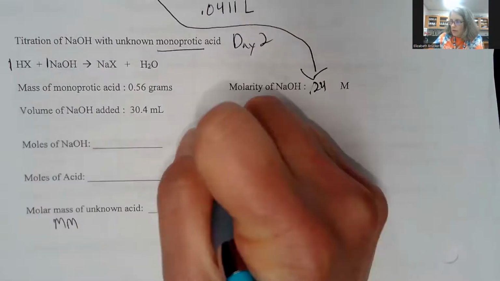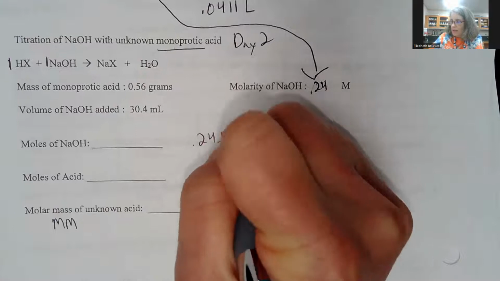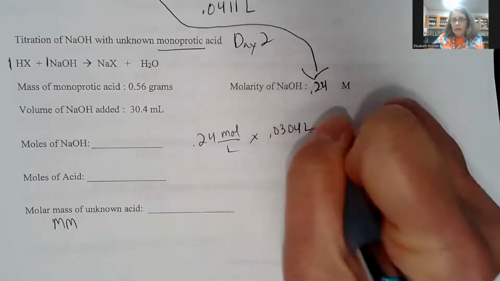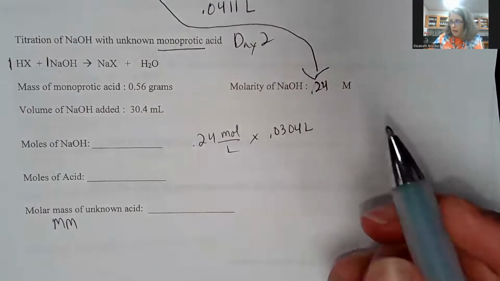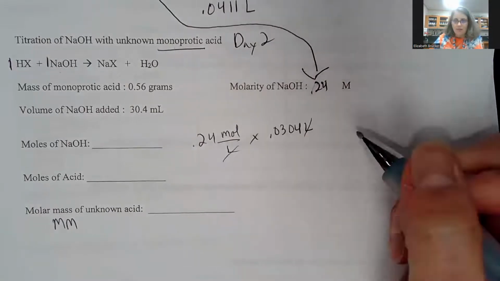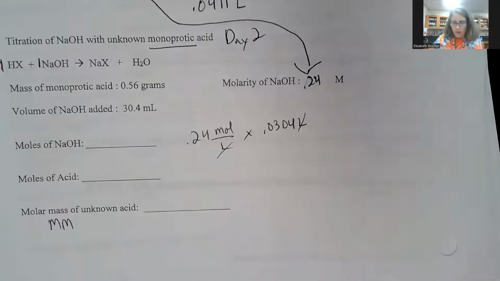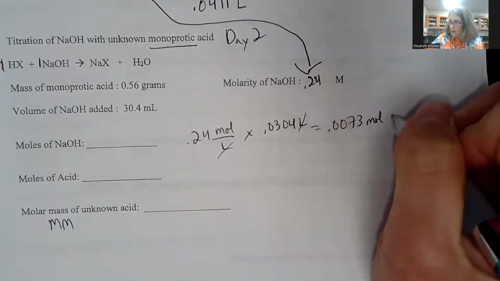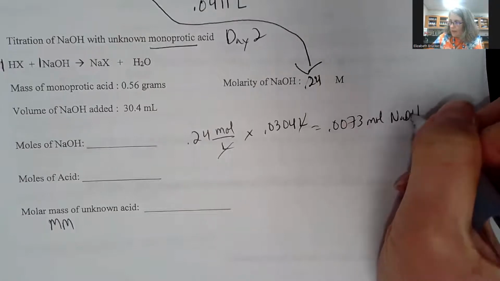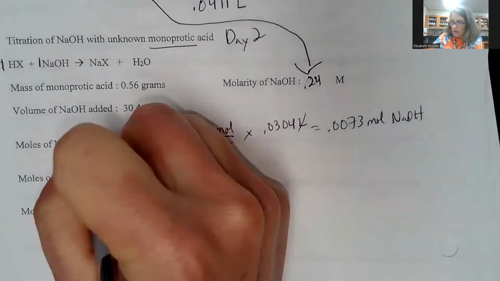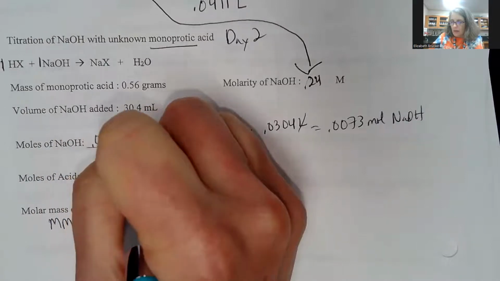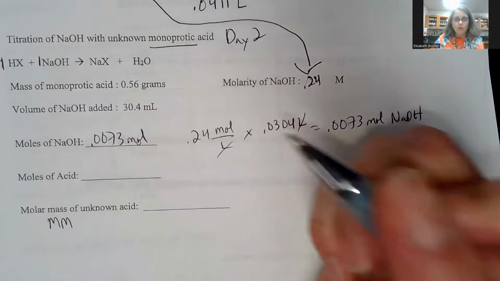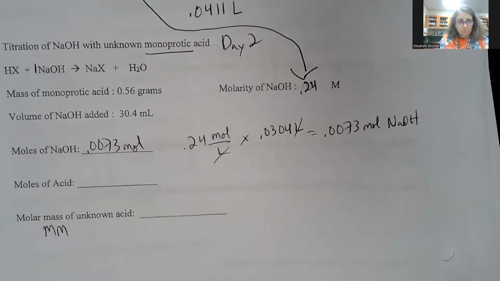So always know if you have a molarity, you could always multiply it by the liters, 0.0304, to find the number of moles. Whether it is the base or the acid, that calculation is pretty reliable. So 0.0073 moles of NaOH is how much I added in order to get it to my endpoint. I could put 0.0073 moles on that line.